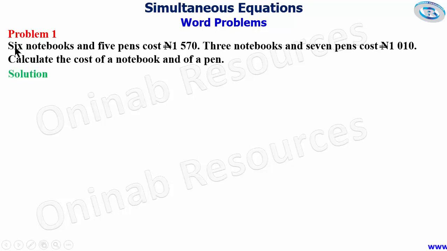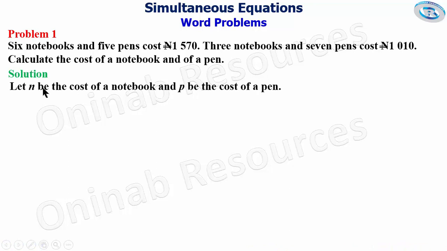So in our solution, we look at the first sentence, create our first equation. The second sentence, we create our second equation and solve the pair of equations simultaneously. First, we let N be the cost of a notebook and P be the cost of a pen.